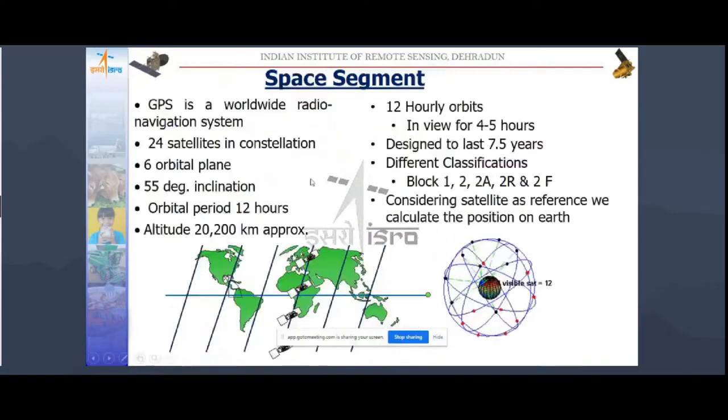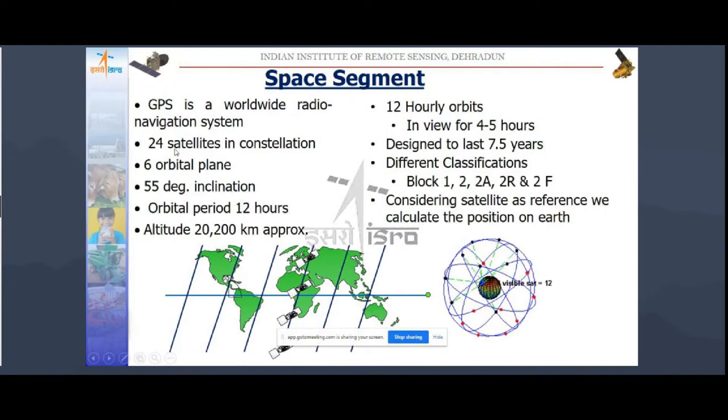So in the space segment, what is there? GPS is a worldwide radio navigation system. It has 24 satellites in a constellation, and these 24 satellites are generally in working condition. Apart from that, there are some redundant satellites as well.